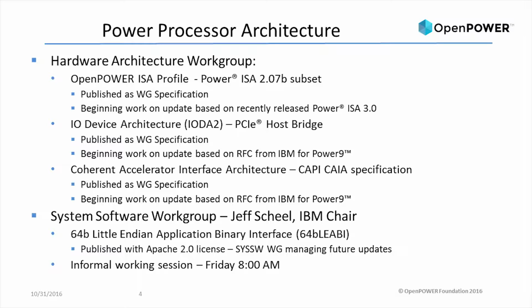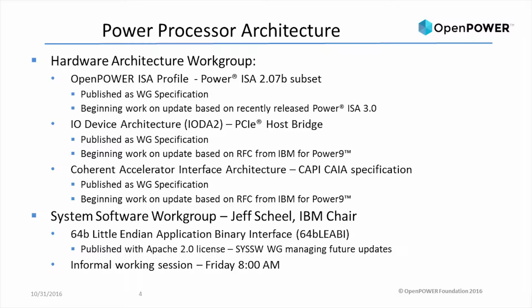It's a small document. There's an I/O device architecture document that talks about important things like how the software views the PCIe host bridge. Dull, right? But that's the kind of thing we're doing as part of OpenPOWER, to make those specifications available so people who develop applications and develop new hardware solutions can be compatible.